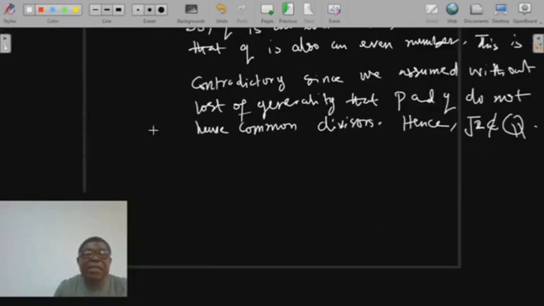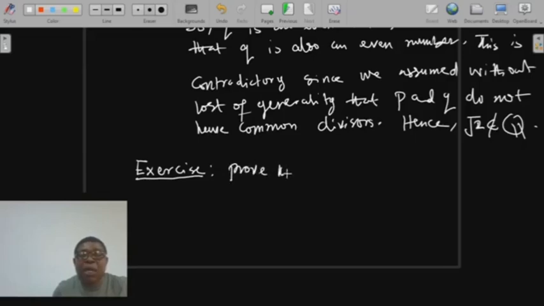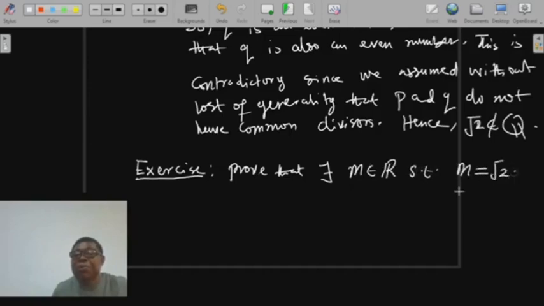The next exercise will show us that we can find a real number whose value is equal to root 2, meaning that root 2 belongs to R. So here we shall prove that there exists m in the set of real numbers such that m is equal to root 2.